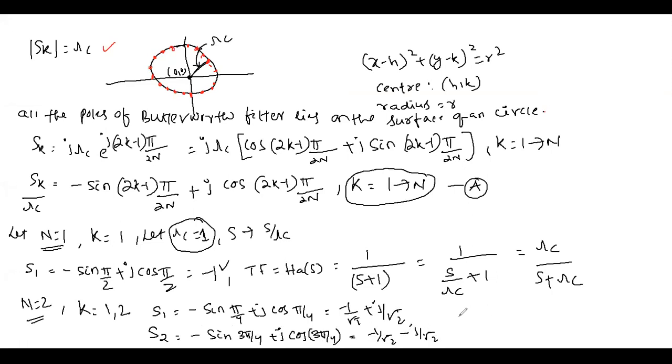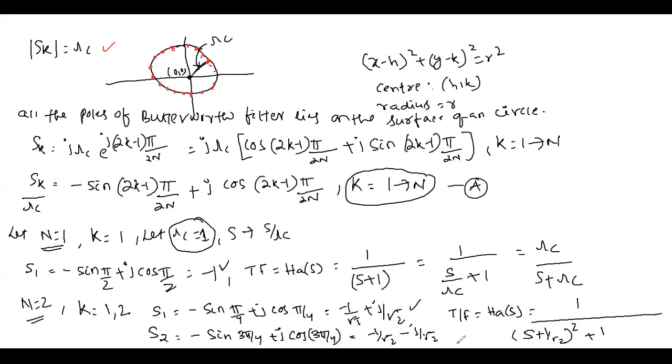We can write the transfer function H(s) equals 1 divided by, simple, it is (s plus 1 by root 2) whole square plus, okay, I will write that side.